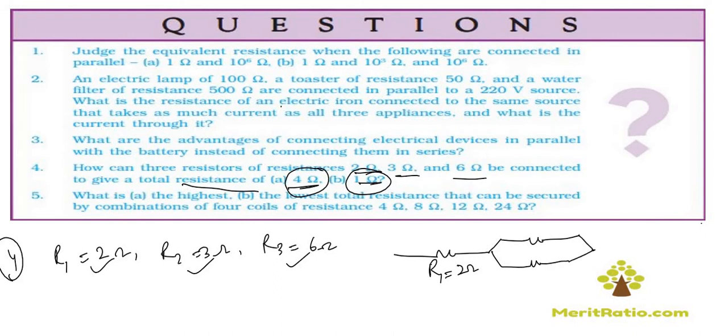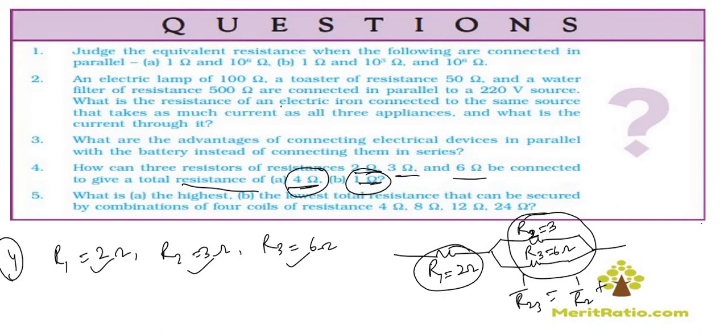In this situation, R2 is 3 ohm and R3 is 6 ohm. So we can obtain the equivalent resistance of R2 and R3. 1 by R23 is equal to 1 by 3 plus 1 by 6. So 1 by R23 is equal to (2 plus 1) by 6, so this will become 1 by 2.